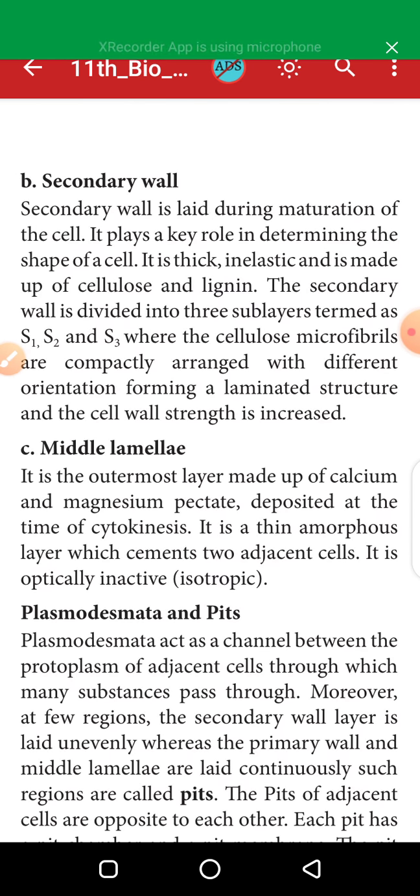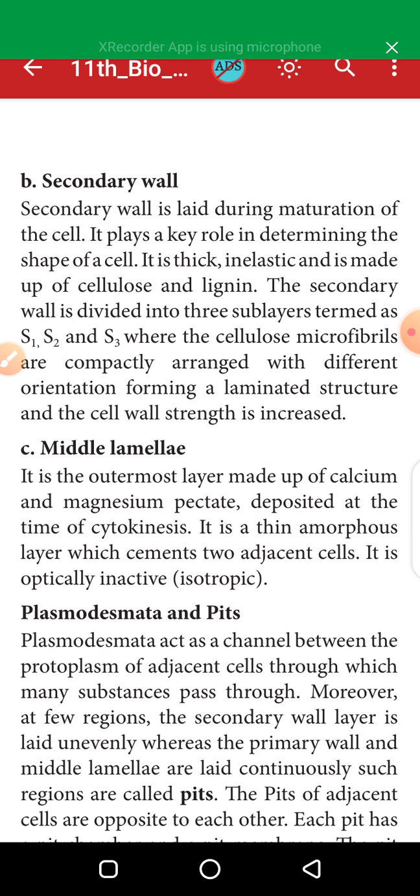Next, secondary wall is laid during maturation of the cell. It plays a key role in determining the shape of the cell. It is thick, inelastic, and made up of cellulose and lignin.